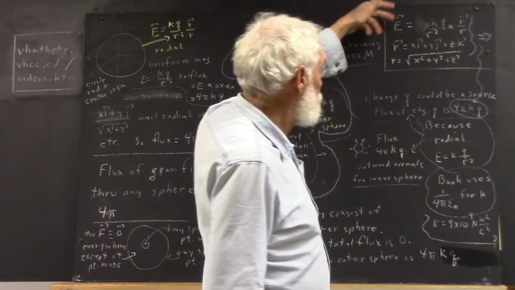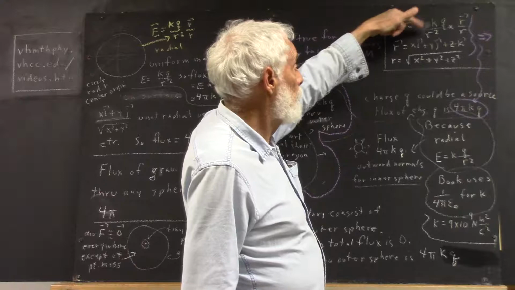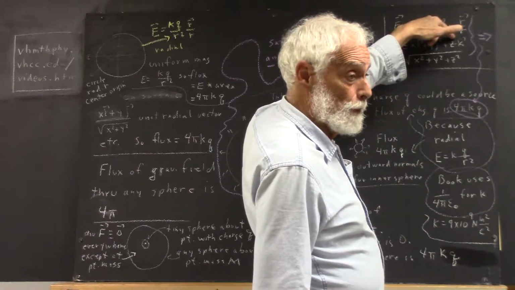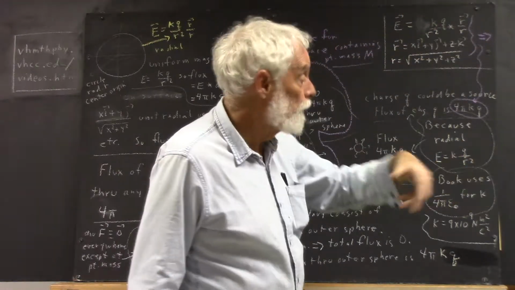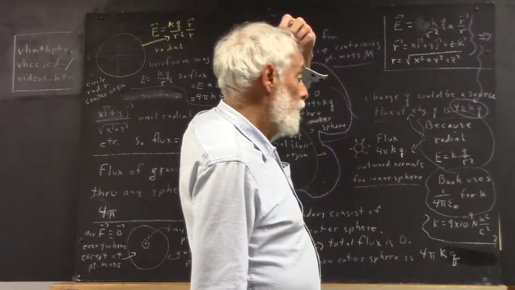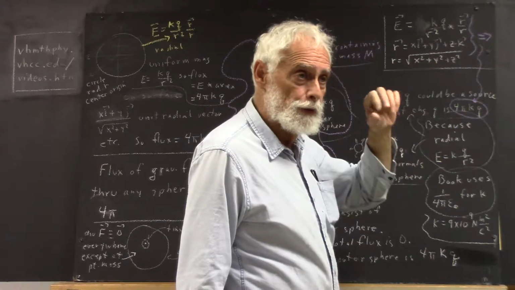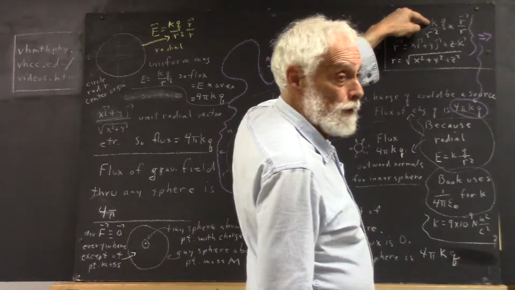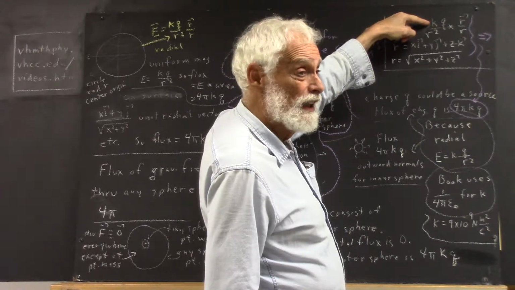Physics tells us that the electric field is kq over r squared times the r vector divided by r, where everything is the same as it is for the gravitational field, the r vector and so forth, but the source is not a gravitational object, the source is a charge. And instead of the gravitational constant g, we use the electrostatic constant k.